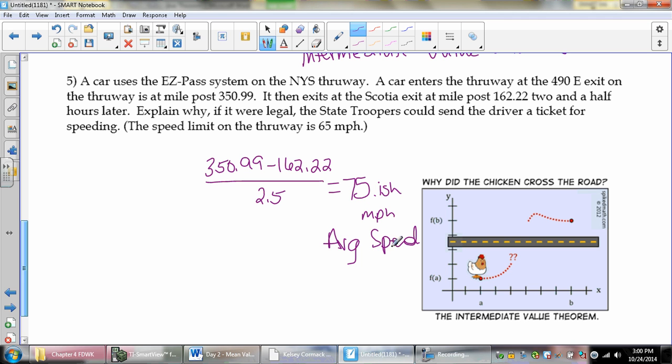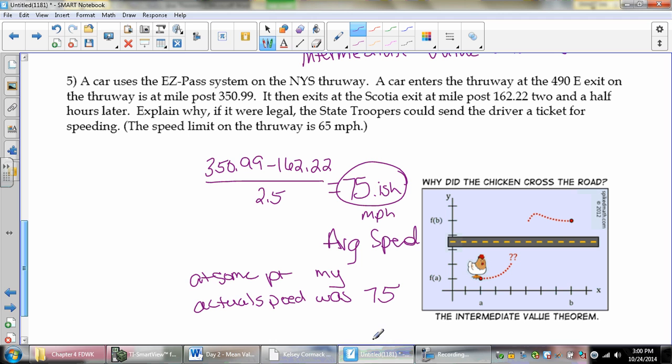Now, the mean value theorem guarantees that at some point my instantaneous speed has to equal my average speed. So if my average speed was 75-ish miles per hour, that means at some point my actual speed was 75 miles an hour. Am I allowed to go 75 miles an hour on the Thruway?